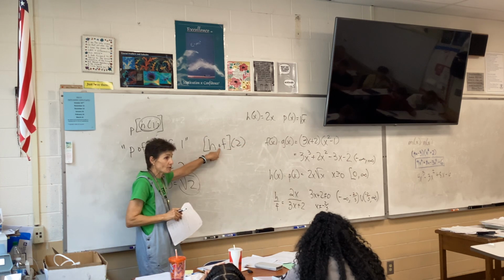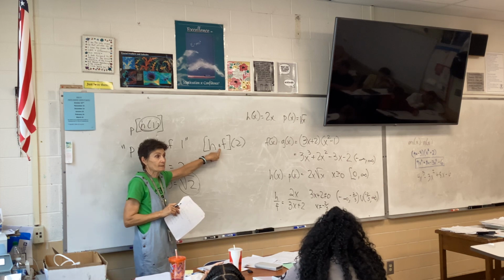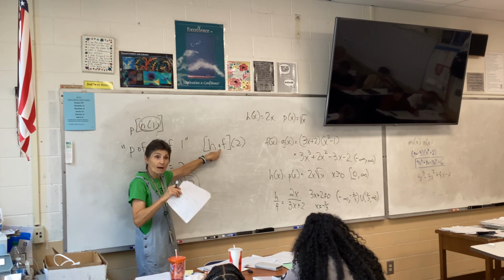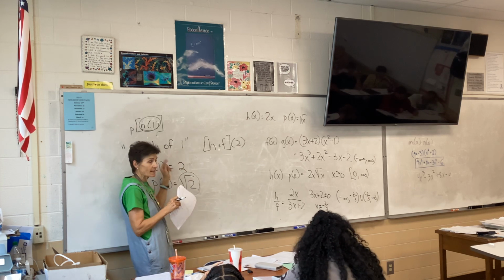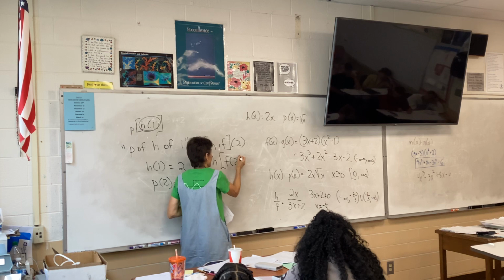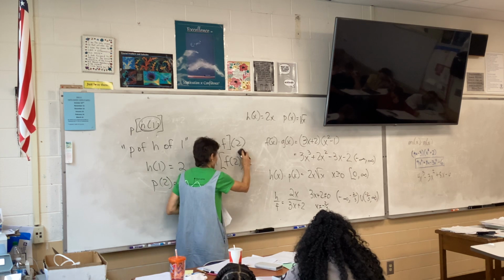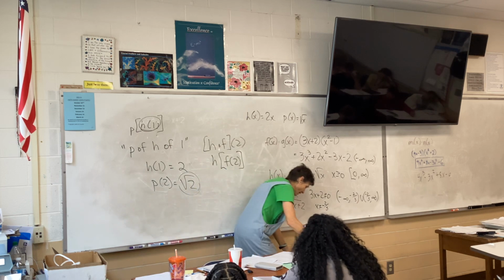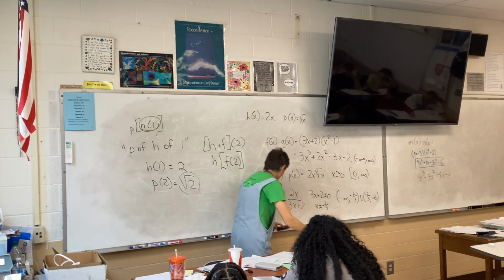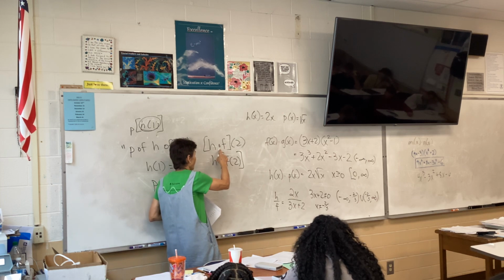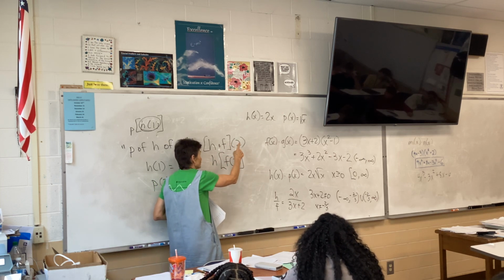Now, did you use this notation last year? That's a little tiny open circle, and it actually is another way of writing this very same problem. This means the same as this. Don't be confused by the notation, okay? That little open circle is called of. So H of F of 2.